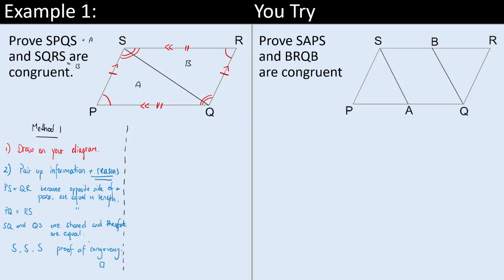Okay. Now, our second method, I would also draw on my diagram, do what I did before. I would also pair up my information and my reasons. I can still pair up the sides because they're nice and straightforward. But I would then do something different at this very last stage.